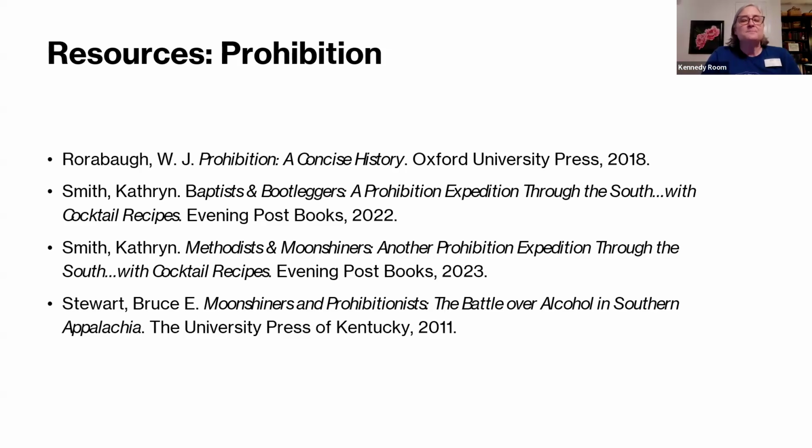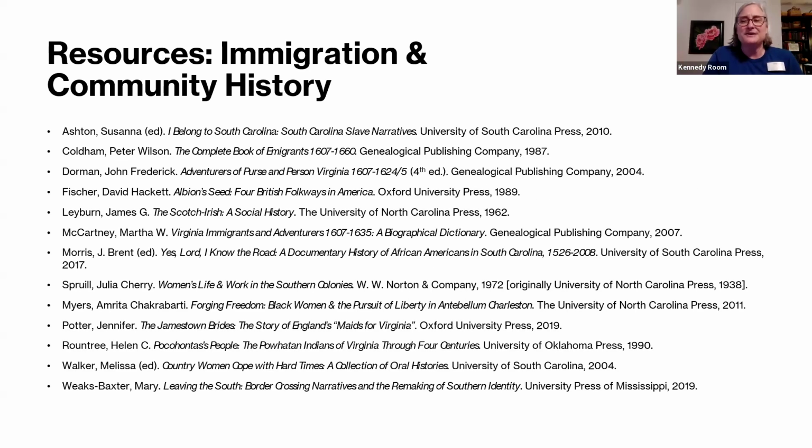So don't just think they're academic. Some of them are very academic. Some of them are very well written and fairly easy to read. And some of them may feature your ancestor as an example. I'll talk about one of those in a minute.